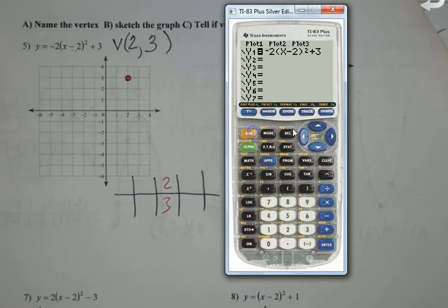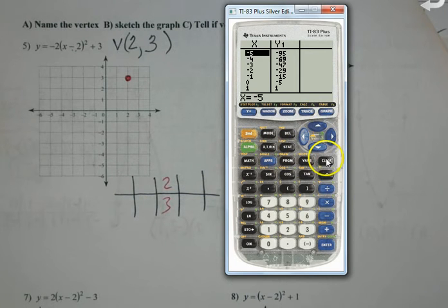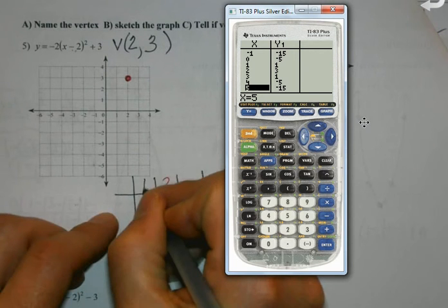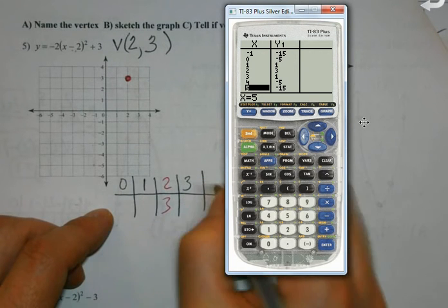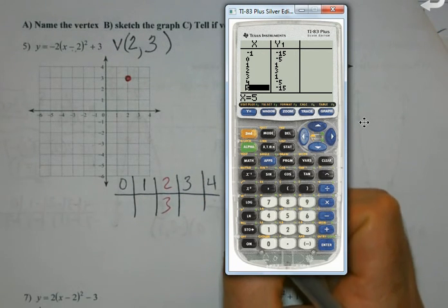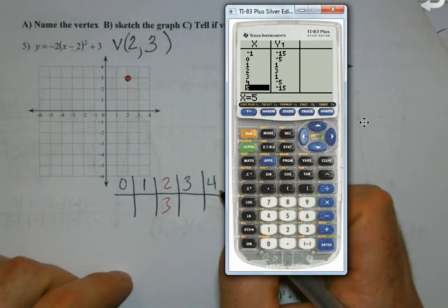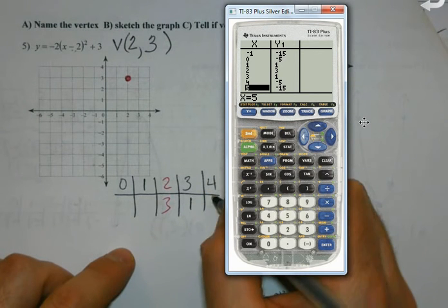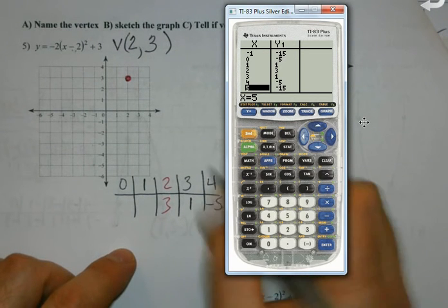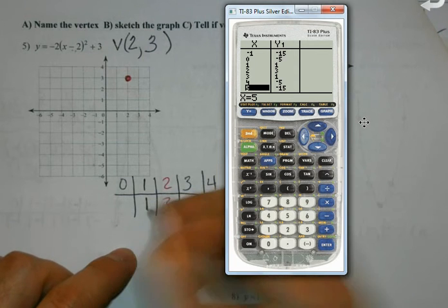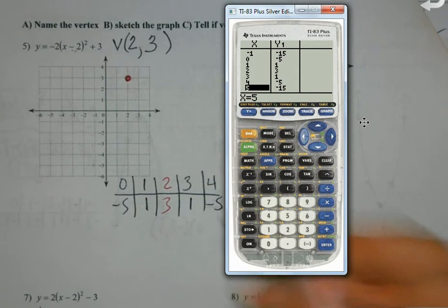Looks good. My graph, and I need the 2 to be in the middle, because then again, I see the symmetry. 1 and 1, -5 and -5, -15 and -15. So I can fill those values in my chart. So let's see, 3 is at 1, 4 is at -5, 1 is at 1, 0 is at -5.